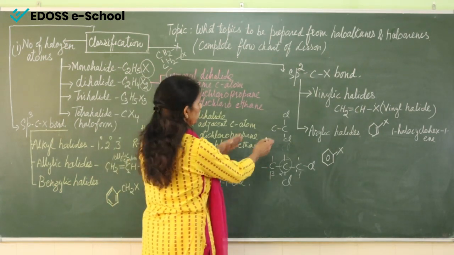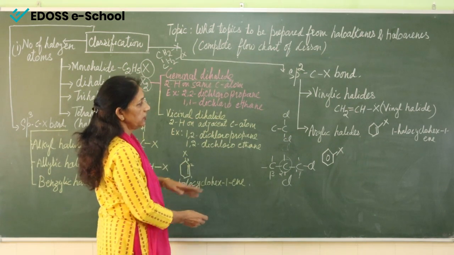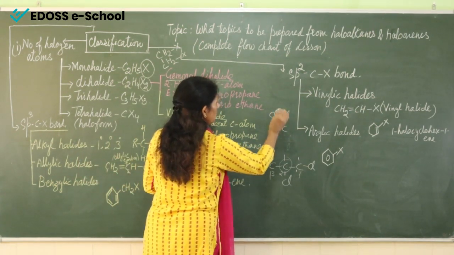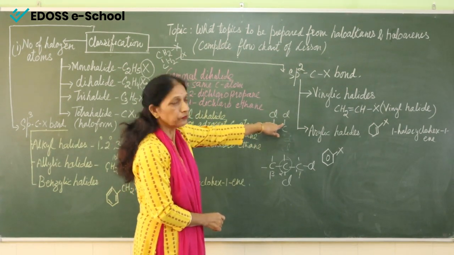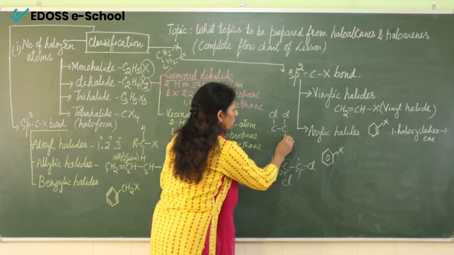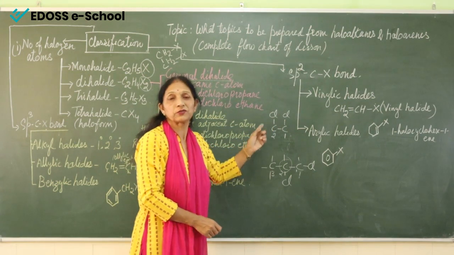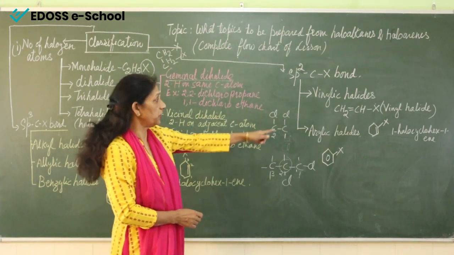Now the same, second example, you can see 1,2-dichloroethane. So here, the second Cl is now present on the first. So this is 1 and this is 2. Both the Cl or halogen atoms are present on different carbons, but both carbon atoms should be adjacent.